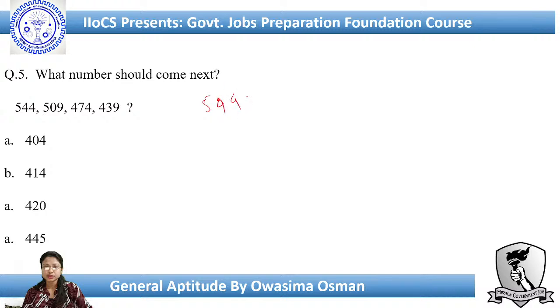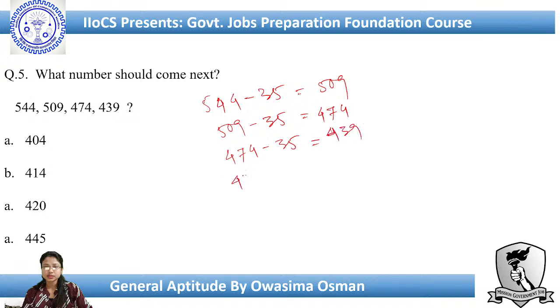If we do 554 minus 35, it will be 509, and 509 minus 35 will be 474, and 474 minus 35 will be 439, and 439 minus 35 will be 404.